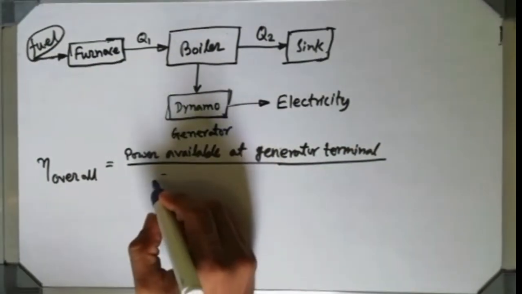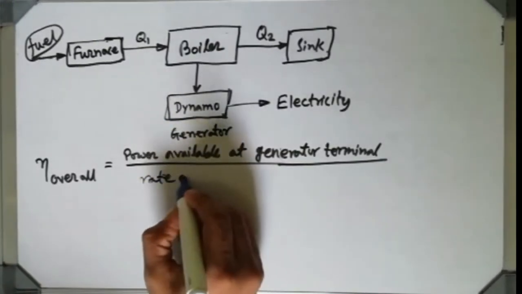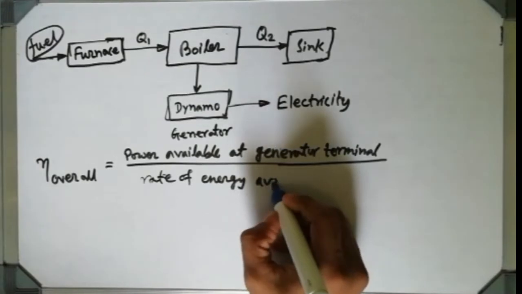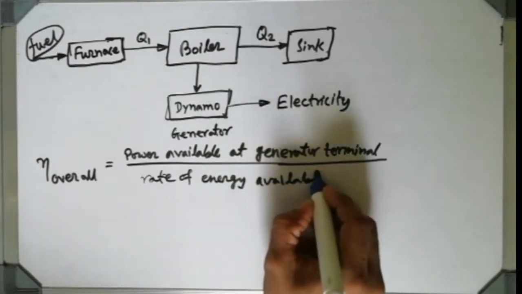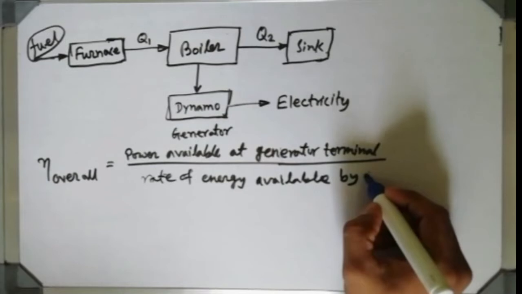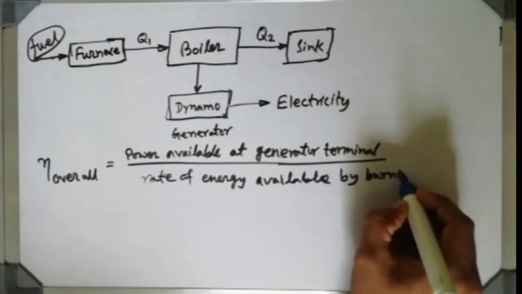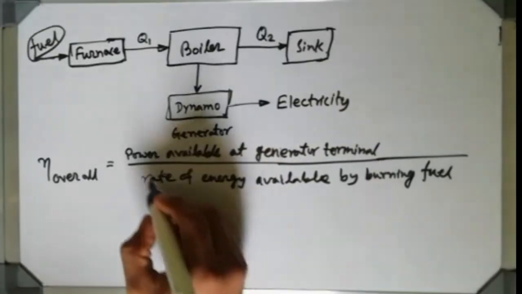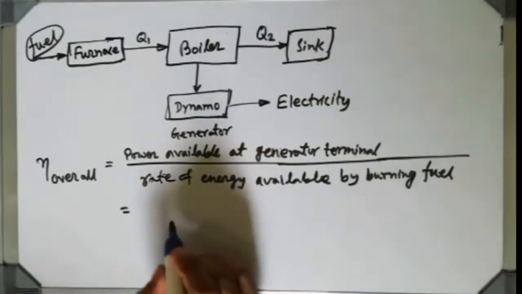So I can write here that rate of energy available by burning fuel, that is the main input.